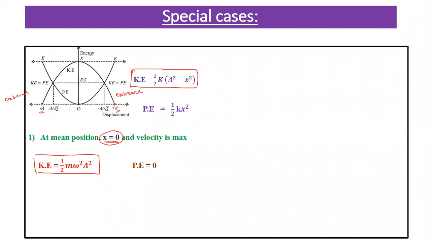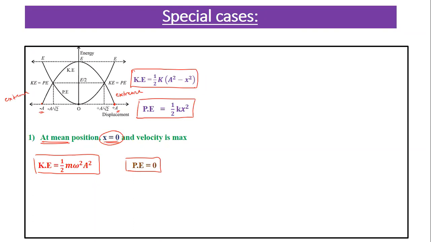If we substitute x is equal to 0, we get this as the kinetic energy. And in the potential energy formula, if we substitute x is equal to 0, we get potential energy 0. In simple words, at mean position kinetic energy is this and potential energy is 0.